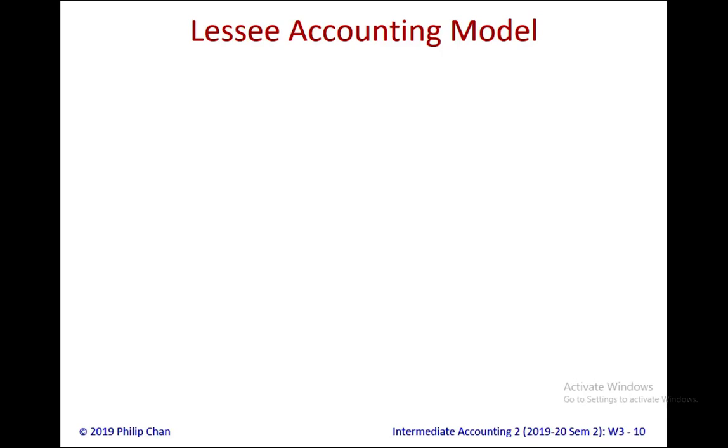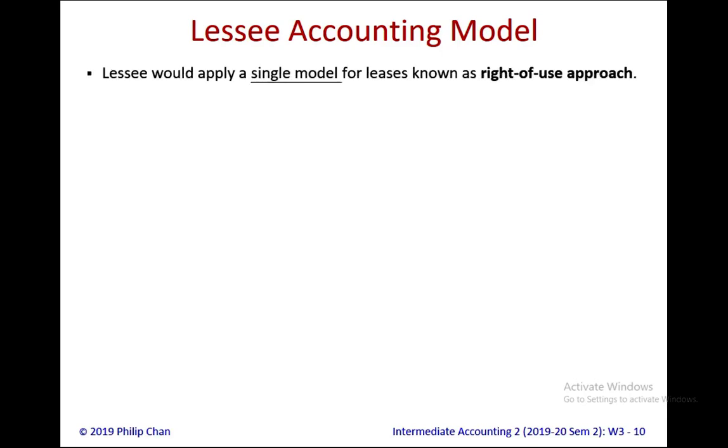The model specifies that once the contract satisfies the definition of lease contract within Hong Kong FRS 16, then the lessee would apply a single model for leases. We call that the right-of-use approach. What that means is there's only one model, no other choices.